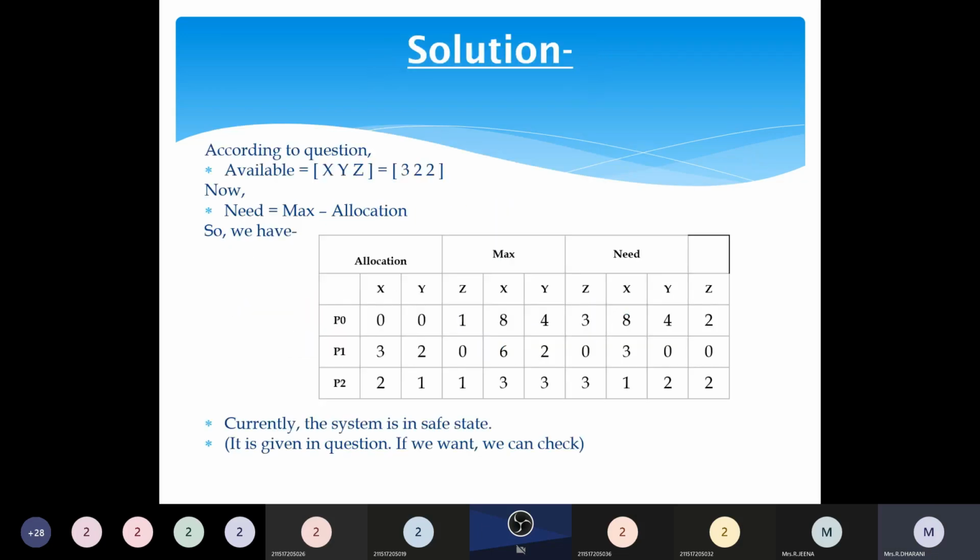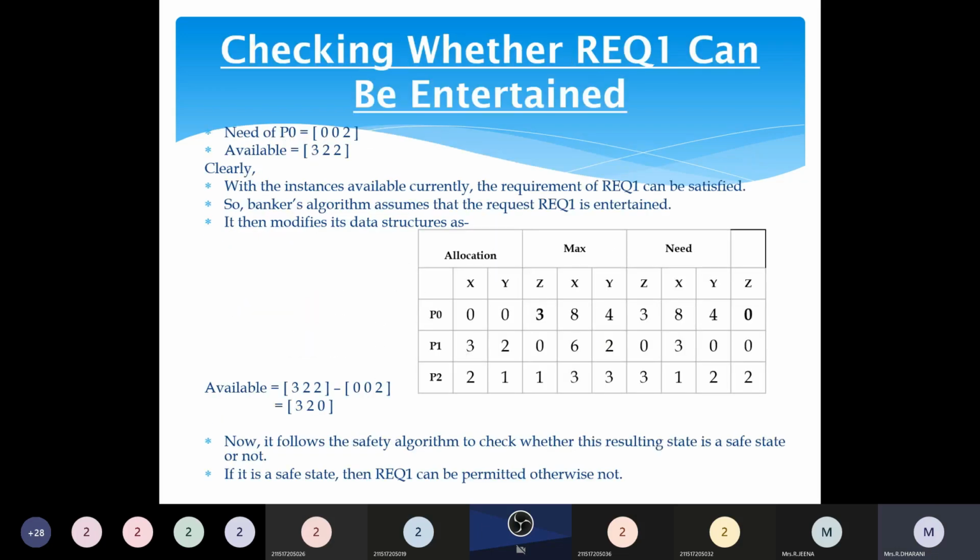And since they said already the system is in safe state, if the additional request 002 can be satisfied or not. Yes, it is satisfied because the availability is 322. So it then modifies its data structure as follows.